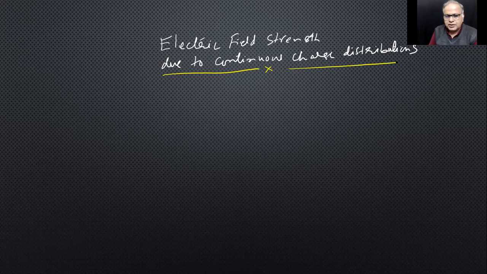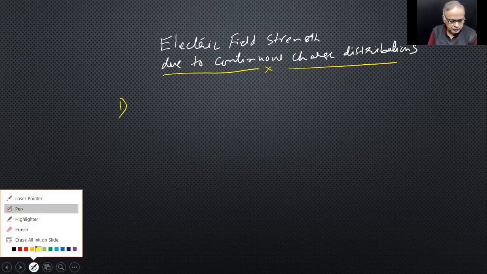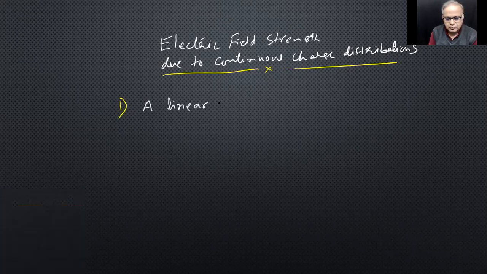Look, these charge distributions can be of three types. One, a linear charge distribution. As the name suggests, this is charge along a line.